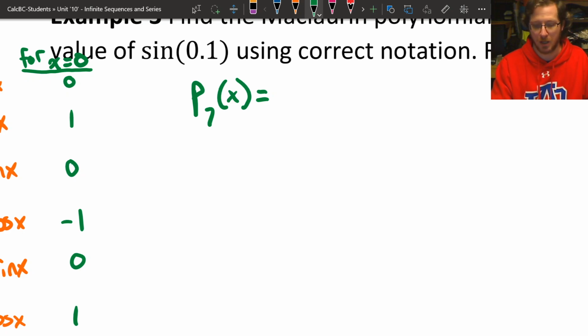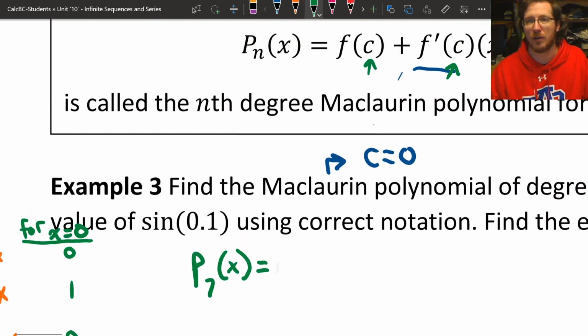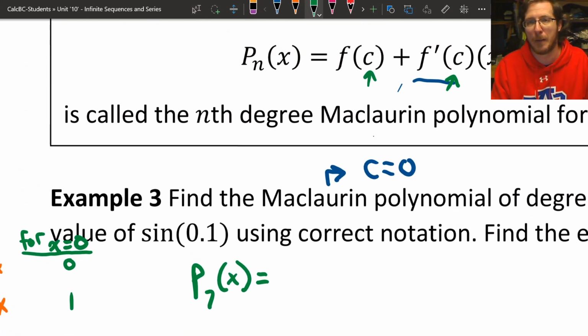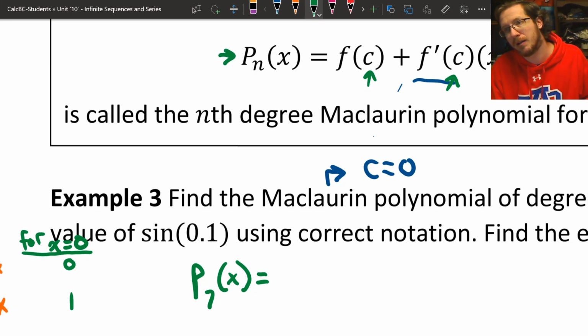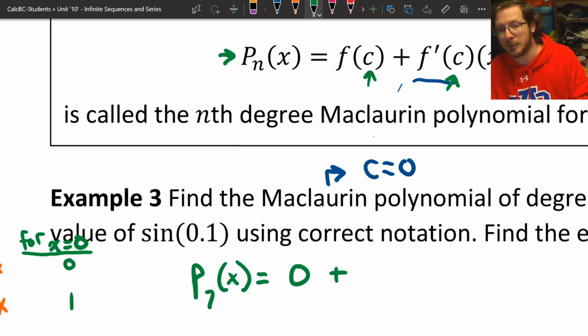First term, we're following this as our guide here. It's just plugging our center into our original function. So plugging in 0 into sine of 0, we get 0. Now we're looking at the first derivative. That's that 1 right here. So 1.